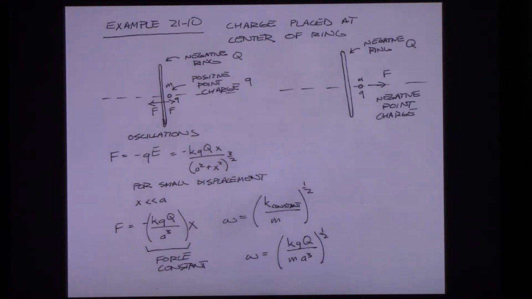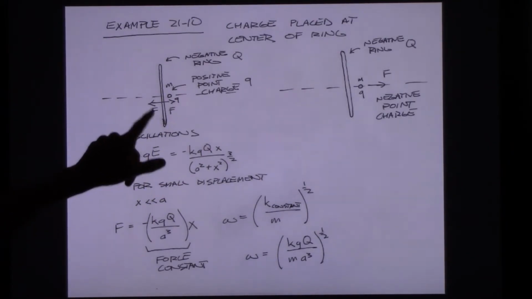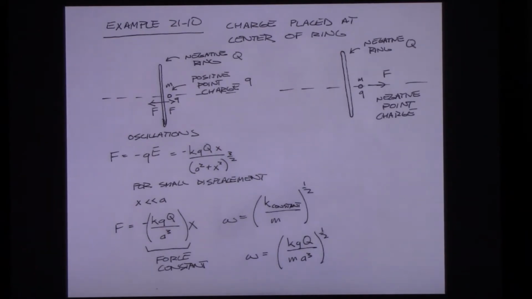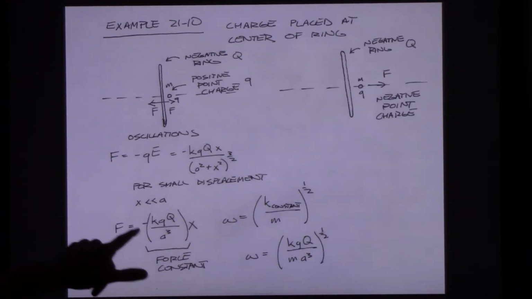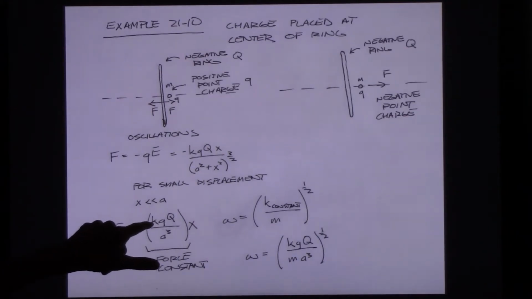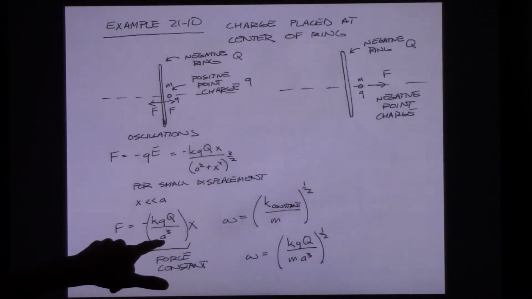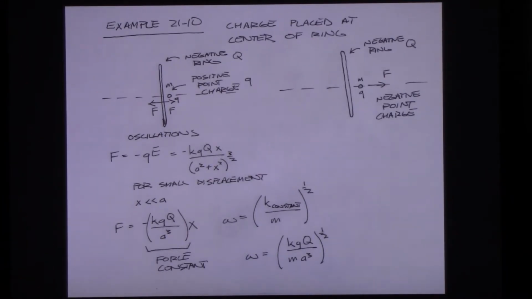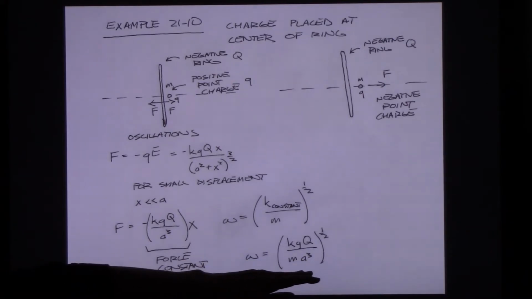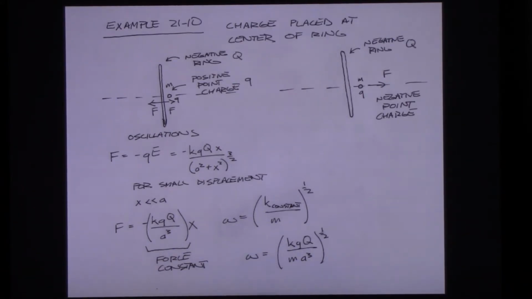If the displacement x is in the negative direction, F is going to be in the positive direction, and that's our definition for a restoring force. So I put that minus sign in because from my diagram I can see that it's a restoring force. The force constant K turns out to be the electric force constant times the product of the charges divided by a to the 3rd. I can substitute all of that in, and that tells me what the frequency of oscillation is going to be.